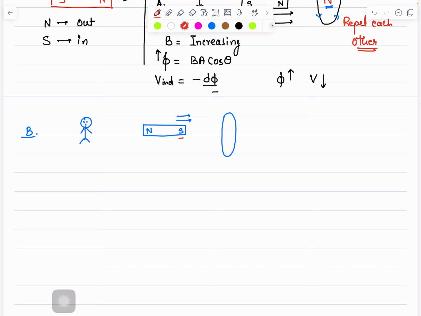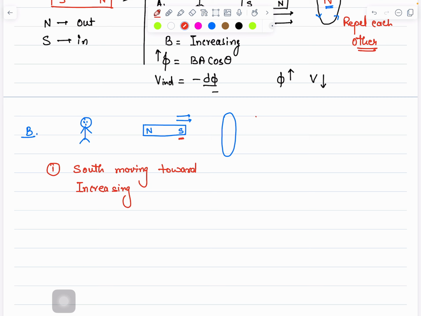See guys, if south is moving, you need to understand one thing point by point: south moving towards, but with which intensity? Increasing. I'll take another question with decreasing also.